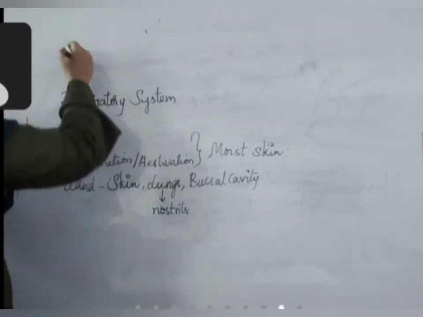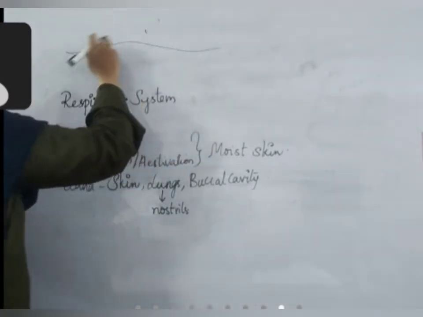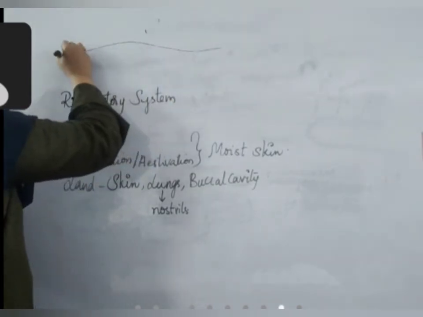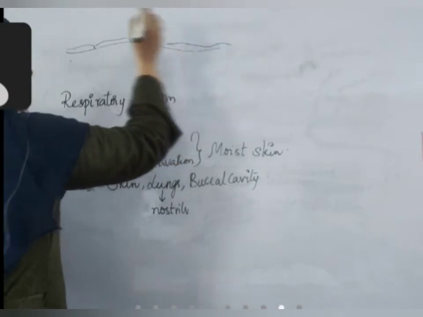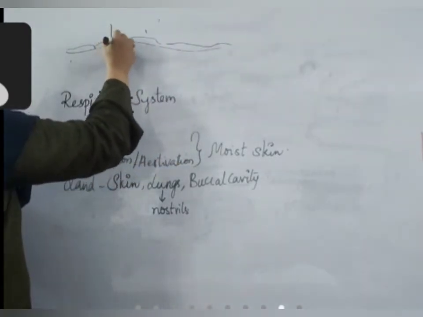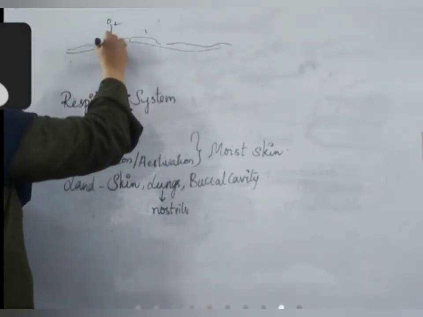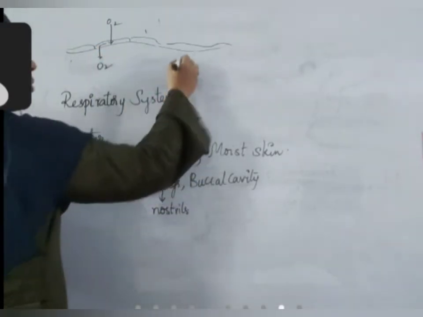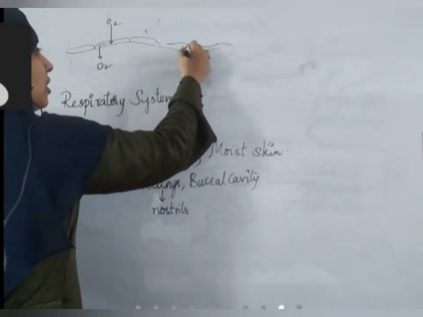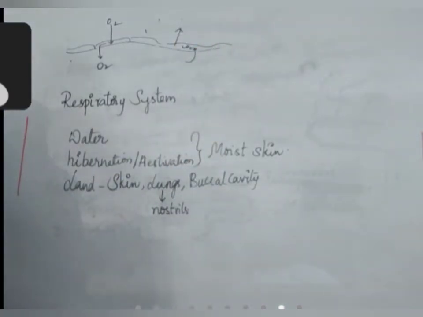If this is the skin of frog, there are some gaps. Moisture is present over this. This moisture absorbs oxygen first. From there, it is entering into the body. Carbon dioxide from the body enters into this moisture and goes out by evaporation.